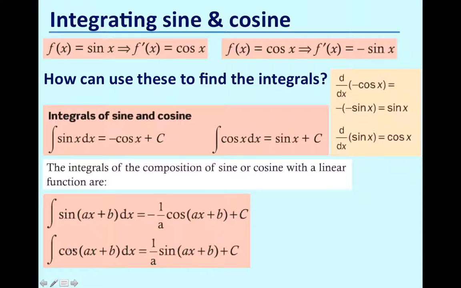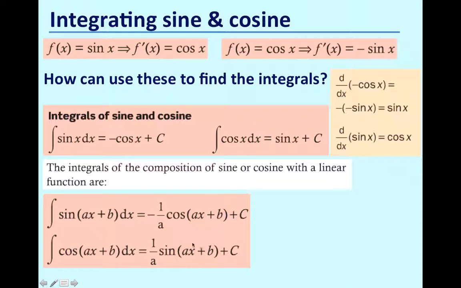We've established that the integral of cos would be sine, so we can recognize that it would be sine ax plus b. But remember that when we use the chain rule to differentiate it, we would differentiate sine to get cos, so we'd have cos ax plus b, but we would then multiply it by the derivative of the function inside. So we multiply by a.